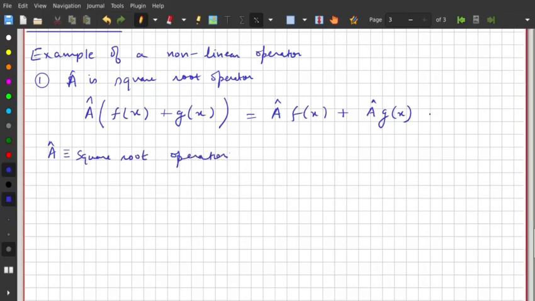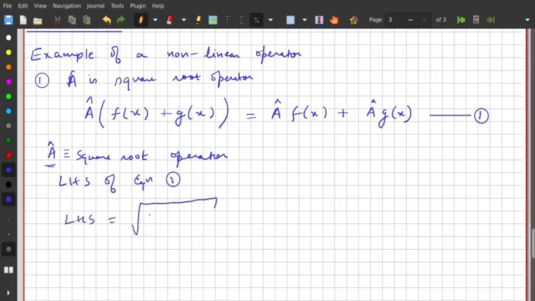Okay, and let's call this equation 1. So let's write the left hand side of equation 1, and using the idea that A hat is square root, it becomes the square root of f of x plus g of x.